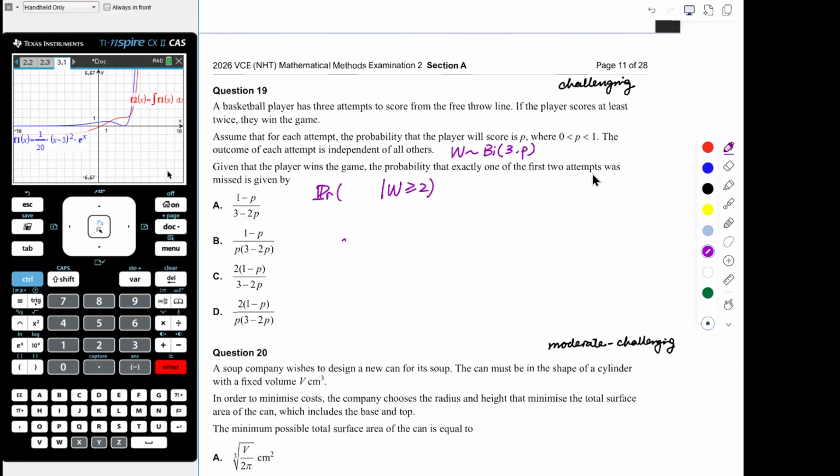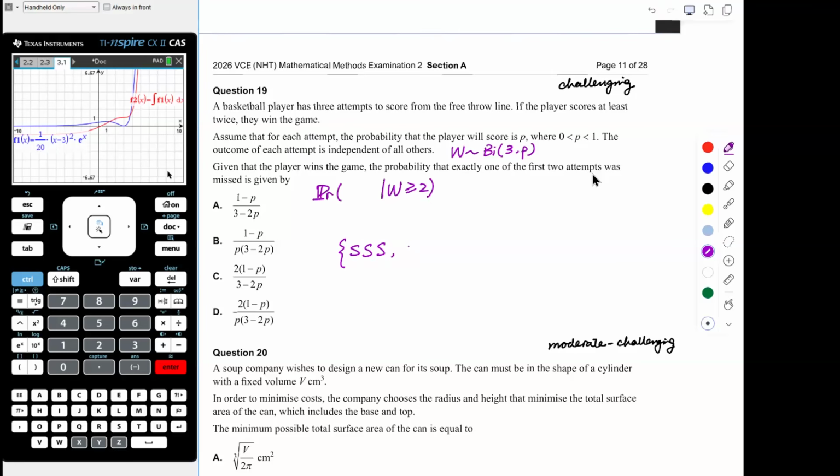So that means if I want, let's say, W greater than or equal to 2, we can have successful, successful, successful, W equals 3. Or successful, not successful, successful, or not successful, successful, successful. So these 3 things will be the probability of W equal to 2. This will be W equals 3.